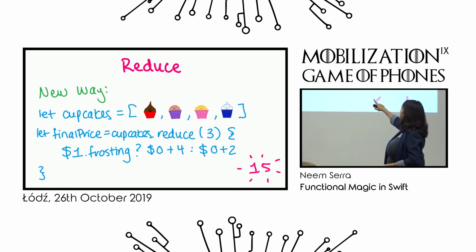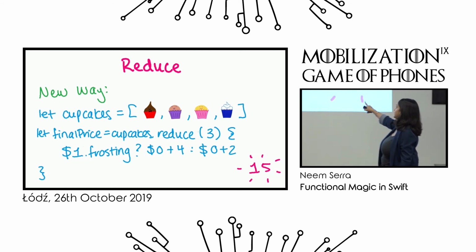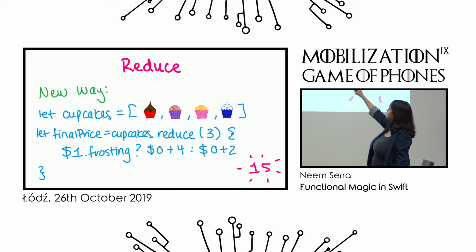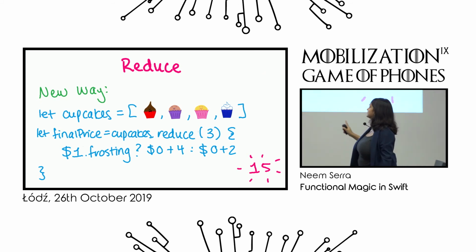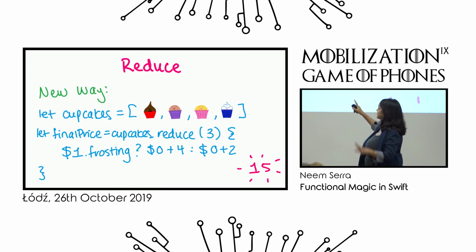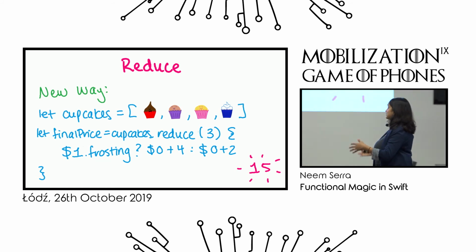If it doesn't have frosting, I want you to add $2 to the final price. Since we have 2 with frosting, we would get a final number of 15. So again, this is just a lot nicer in that you reduce the number of lines of code that you're using.